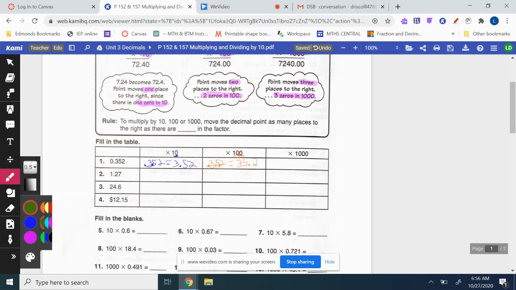Now if I use 1,000, I see 3 zeros in this column. So all the decimals will be moved 3 places. So 0.352, and I move it 3 spaces. 1, 2, 3 equals 352.